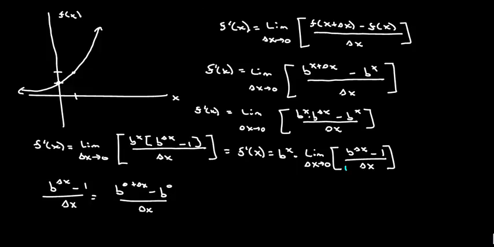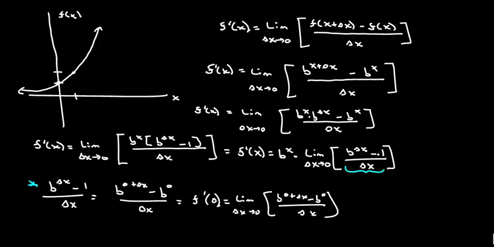It's just this guy that I'm working with over here. Now this right here is really, if I take the limit of this, f prime at 0 is equal to the limit as delta x goes to 0 of b to the 0 plus delta x minus b to the 0 over delta x. But this is exactly what this is right here. So these two guys are equal.